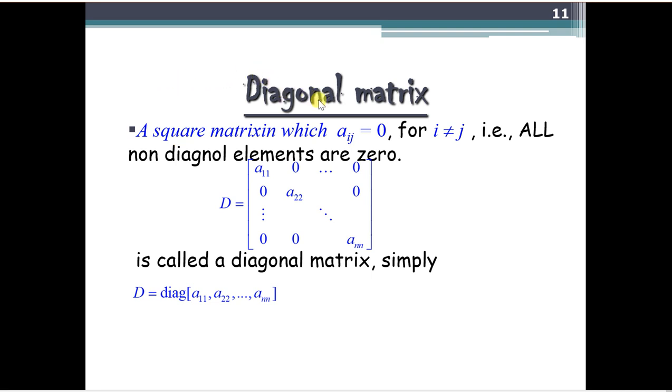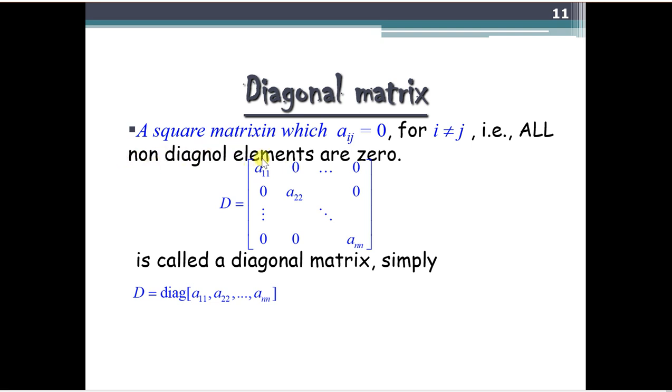Then we have diagonal matrix. Diagonal matrix means a matrix whose non-diagonal elements are all zero. That is, a matrix in which Aij is equal to 0 for i not equal to j.